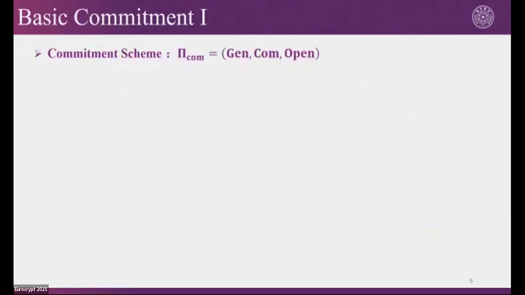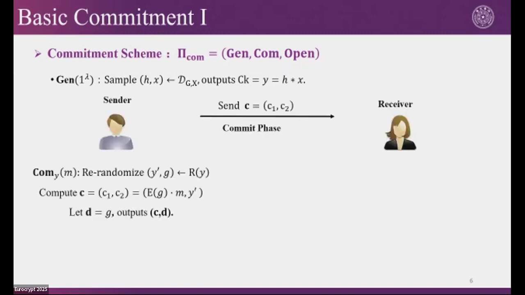Okay, and now we can construct a basic commitment. Firstly, we sample h_x from the distribution and output h star x equal to y as the probabilistic commitment key PCK. The sender first randomizes y and outputs y prime and g.